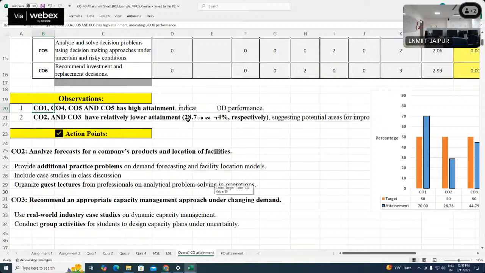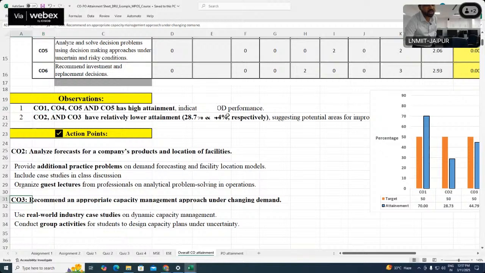Let us say my CO2 was about analyzing forecasts for a company's product and location of the facilities. So the action points could be: provide additional practice problems on demand forecasting and facility location models, include case studies in class discussion, and organize a guest lecture from professionals on analytical problem solving in operations.